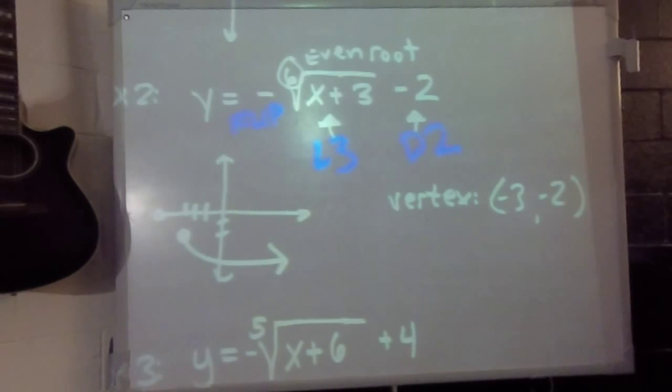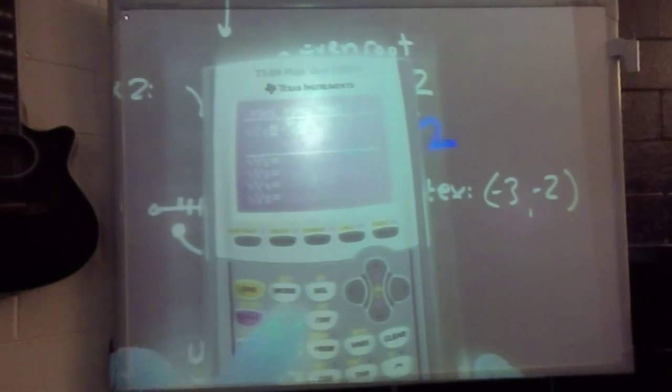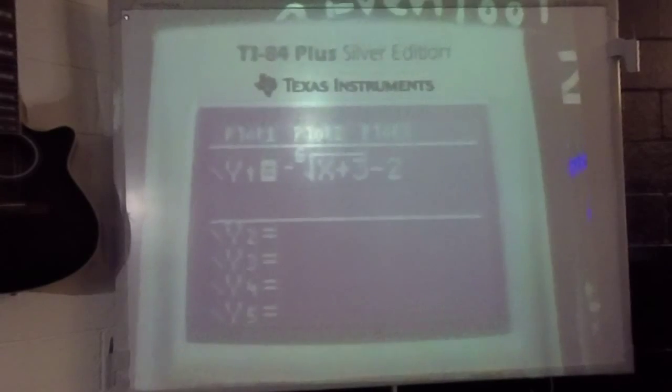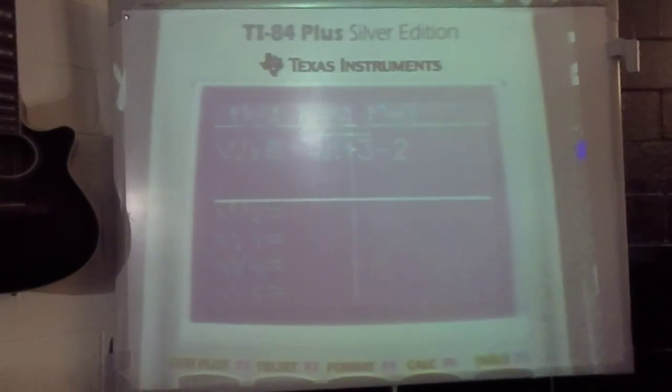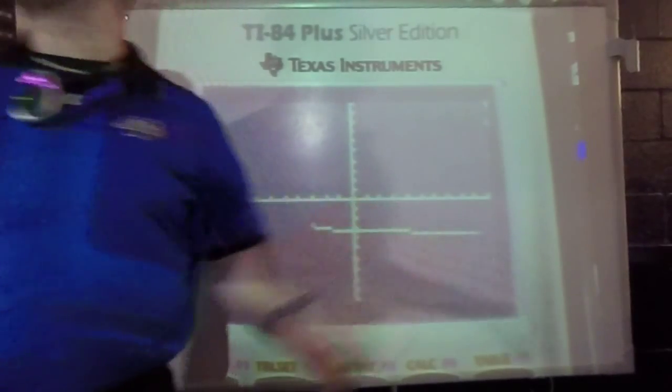I'll try to quickly get that put in here. Okay, so this is what it looks like on your graphing calculator. Kind of weird because it just starts out in the middle of nowhere and then tails off this way.